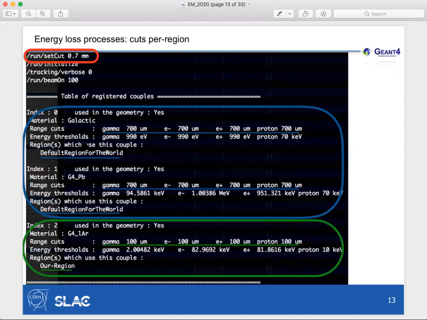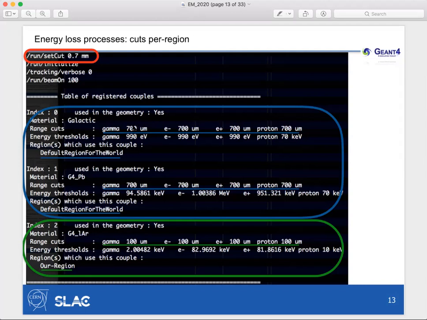And you can see the region where this material is sitting is the default region of the world. Then the second, the lead, the same default region of the world. And in green, I show our region that we just created. The liquid argon is indeed in our region, and you see that on the top the production threshold is 0.7 millimeter.